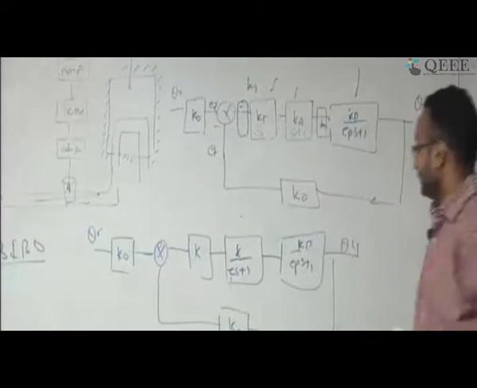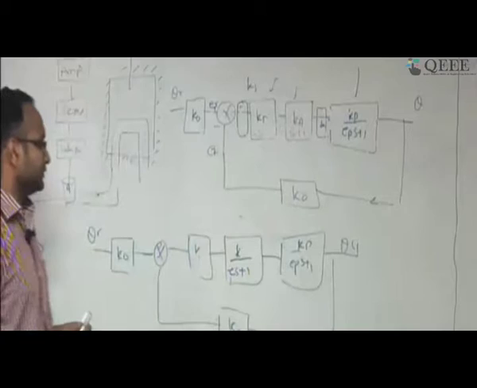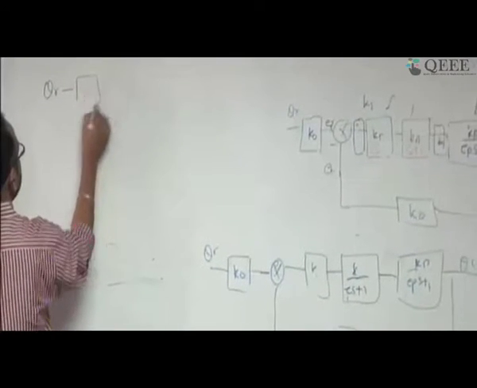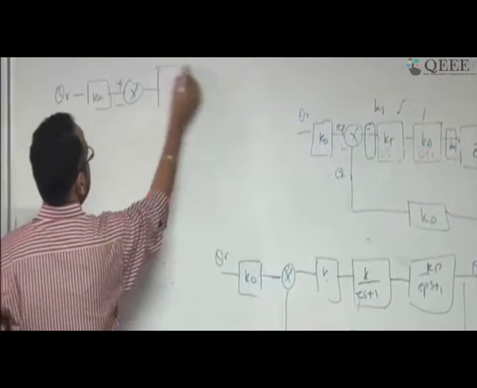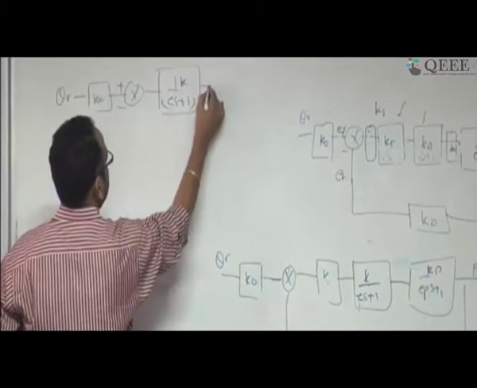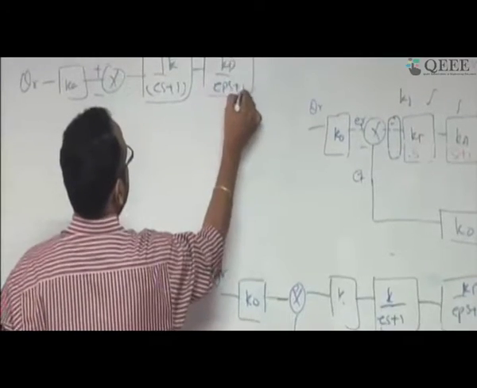Okay. Now look at it. Again we can take K into Kp, we can make it one constant, and I can write this in this form: theta r, this is K0 plus minus, this entire thing is tau s plus 1, K, Kp, tau p s plus 1.